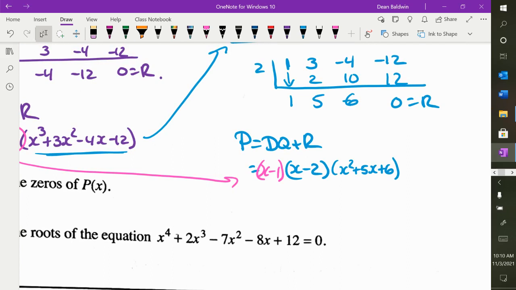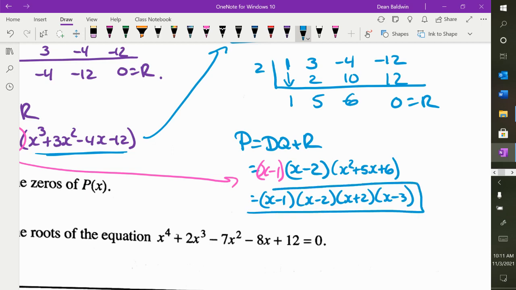It's a quadratic, our old friend from grade 11. What multiplies to 6 and adds to 5? So it becomes x minus 1, x minus 2, x plus 2, and x plus 3. That is the factored form of the original.